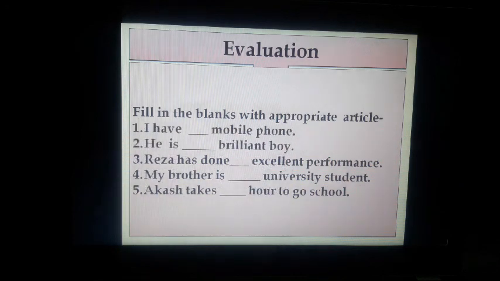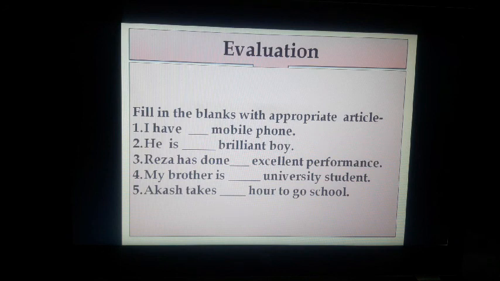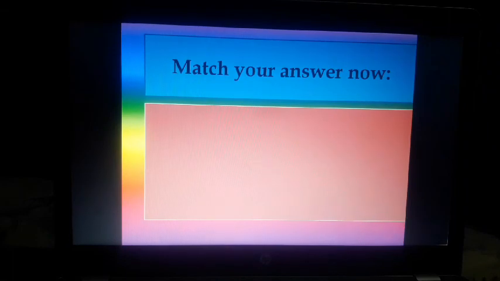I have a mobile phone. He is a brilliant boy. Raja has done an excellent performance. My brother is a university student. Fifth one, Akash takes an hour to go to school. Hope all of you have already done it. Let's now match your answer.